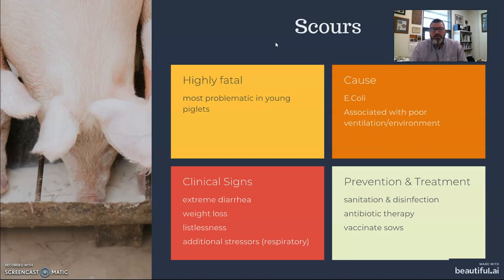It's oftentimes associated with poor ventilation, an unsanitary environment or something like that. Prevention here, again, clean environment, sanitation, antibiotic therapy, and then you can also vaccinate your sows against it. Sows, and for the first time farrowing gilts, that'll help build up some antibody response that they can then pass on to those baby pigs.